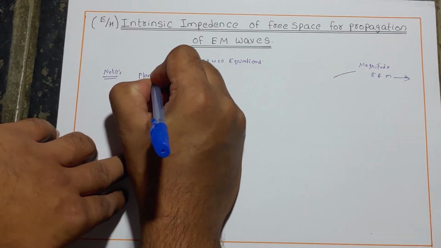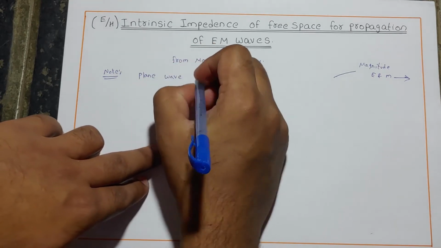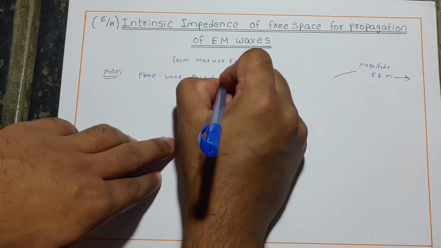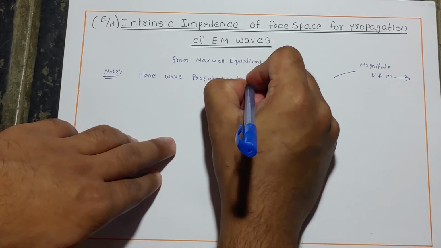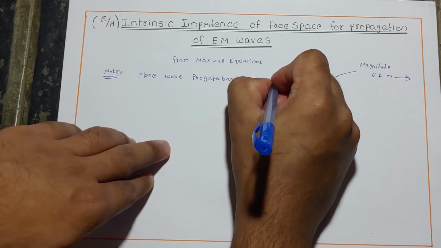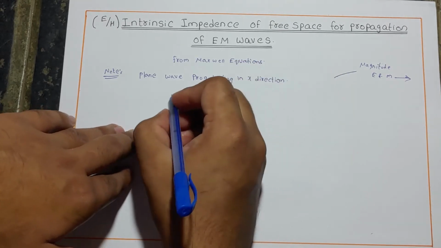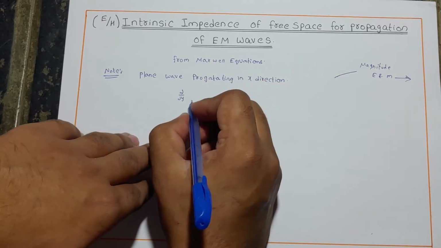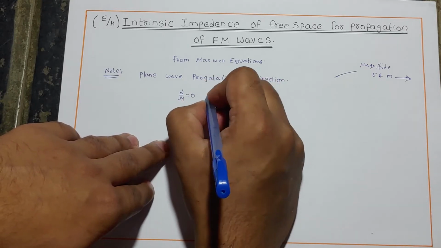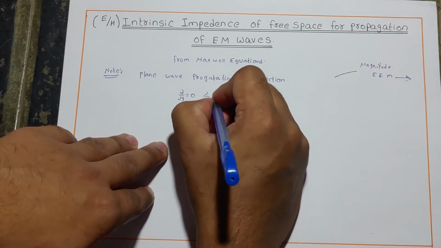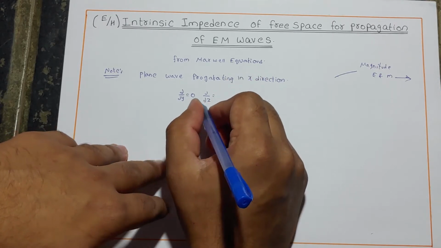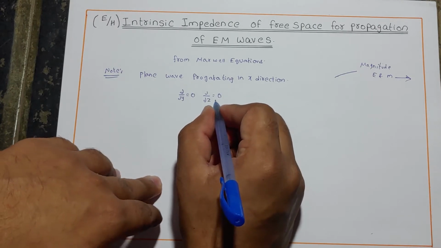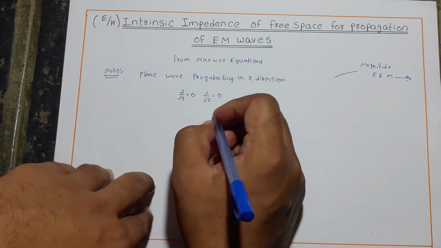In a plane wave propagating in the x direction, let us take a charge that is propagating in the x direction. So the differential terms, dou by dou y in the y direction would be equal to 0, and dou by dou z, differentiation with respect to z, would be equal to 0, as it is not propagating in those directions.